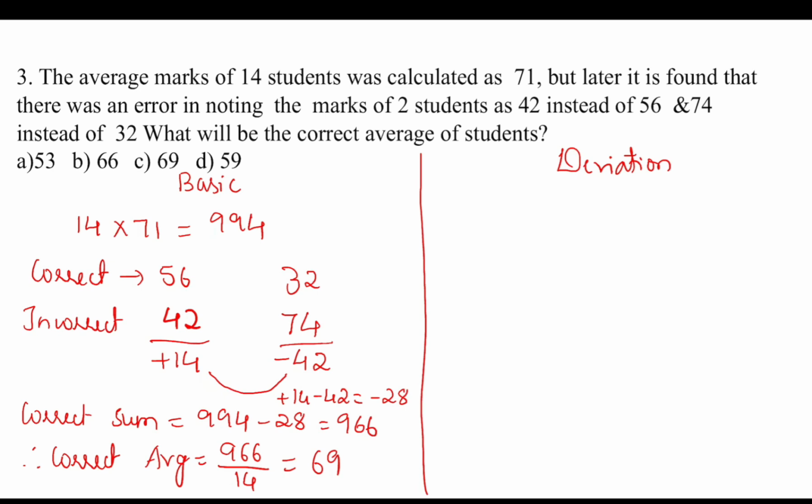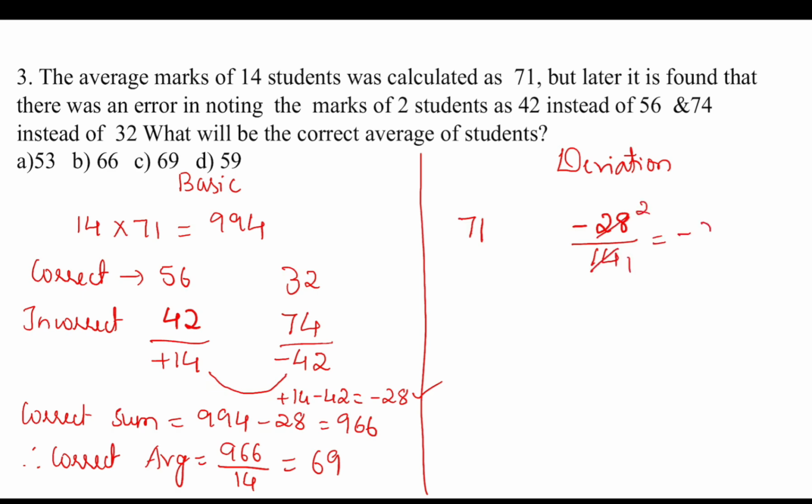This same problem we'll see with the deviation method. Now originally the average noted for 14 students was 71. But how much was the extra marks noted? 28, isn't it? 28 marks was extra noted across 14 students, so 14 ones are 14, 14 twos are 28.